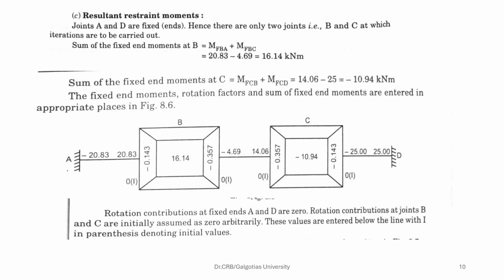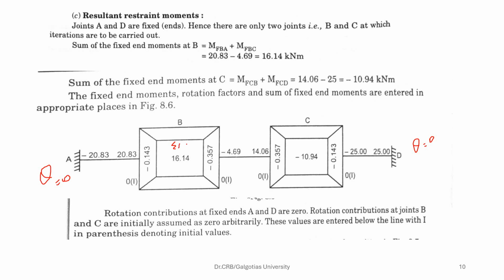Here you note down that at joint A there is no rotation. Theta is 0. And here also theta is equal to 0. So no rotation at these points. You have to nullify the moments at B and C, as you see in the moment distribution method. Now, first of all, we have to calculate the summation of fixed moments.